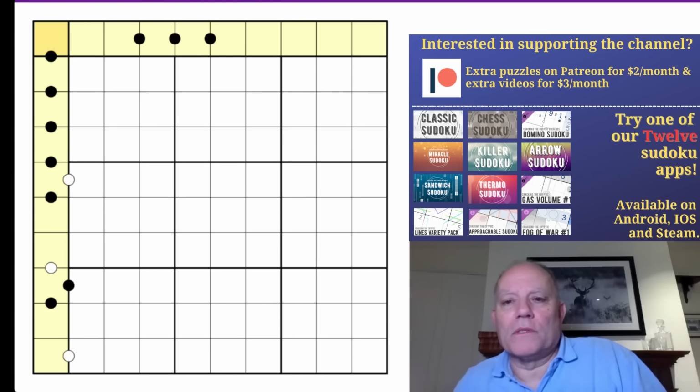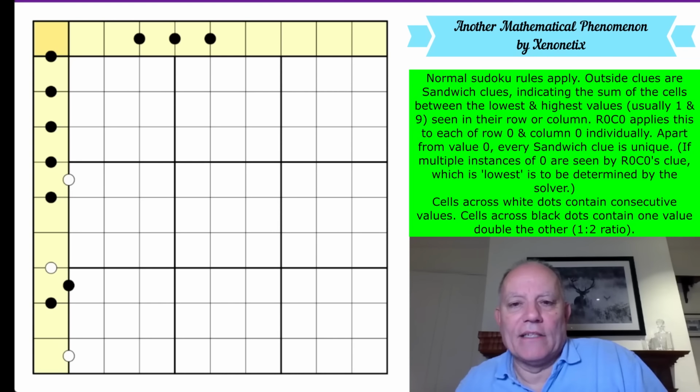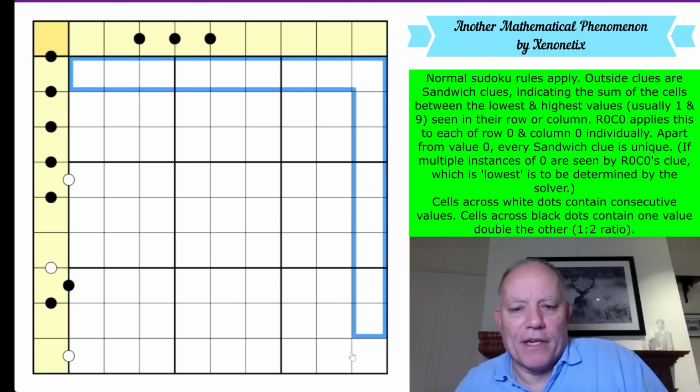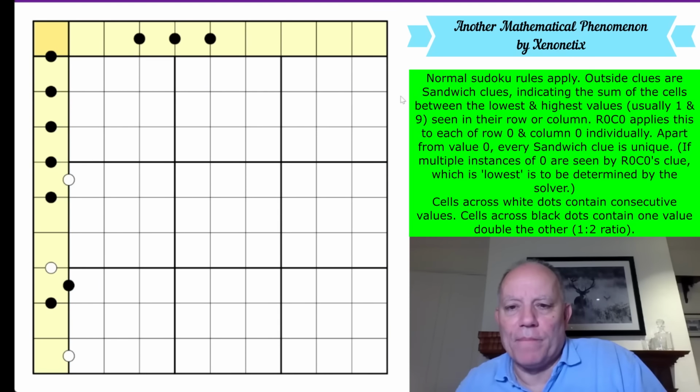Let's have a look at the rules to Another Mathematical Phenomenon by Xenonetics. Normal Sudoku rules apply within the 9x9 grid. So within this grid, 1 to 9 will go in every row, every column, and every 3x3 box. Outside clues are sandwich clues, indicating the sum of the cells between the lowest and highest value, usually 1 and 9, seen in their row or column.